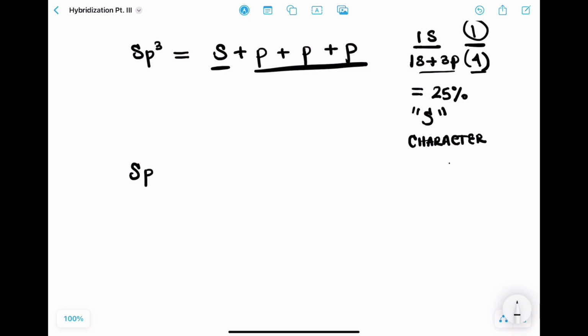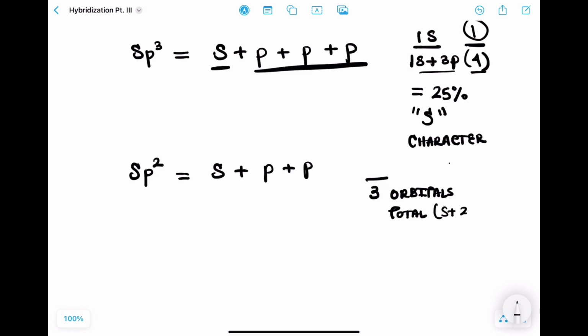So now let's take a look at sp2. We have 1 s and 2 p orbitals. So we have a total of 3 orbitals. One of them is s, and then 2 times p, right? So a total of 3, and then s is 1 of that 3. And so that leaves us 33% s character.